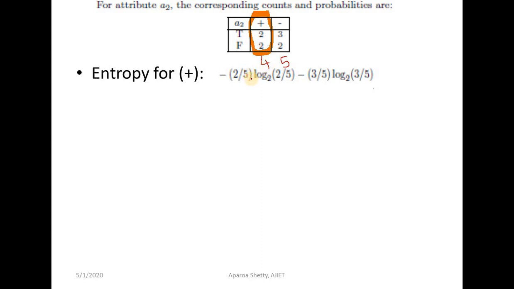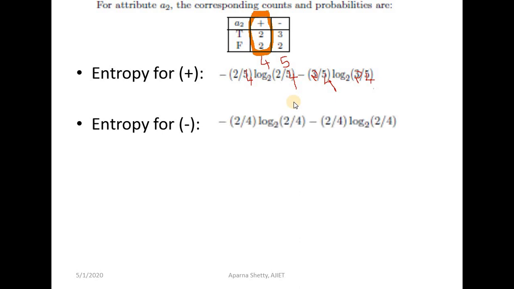It should be minus 2 by 4 log to the base 2 2 by 4, minus 2 by 4 log to the base 2 2 by 4. Similarly, we'll calculate the next. Here it is interchanged, I'll do this correction.